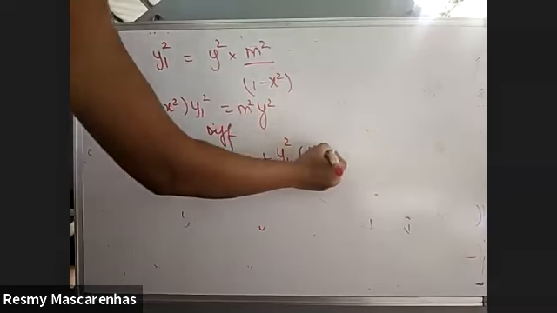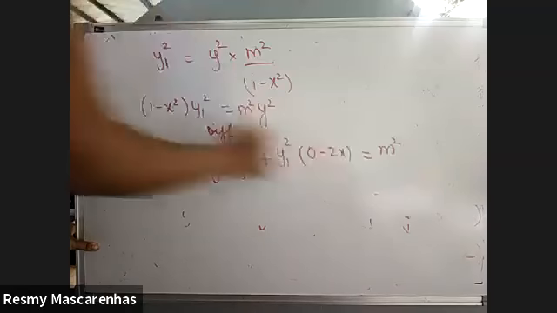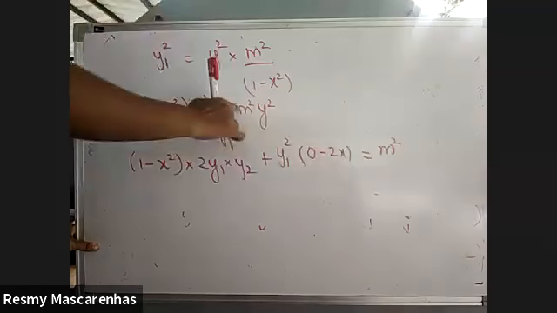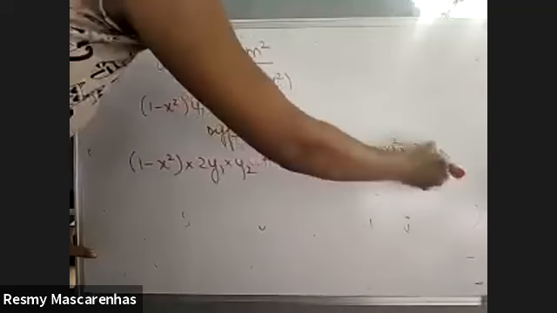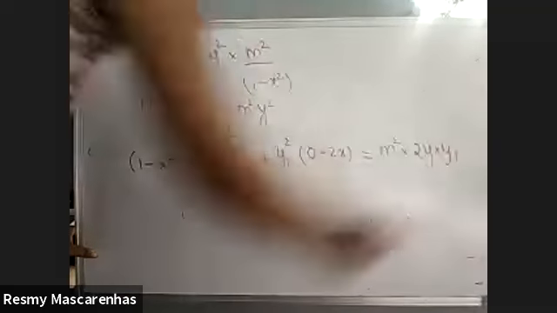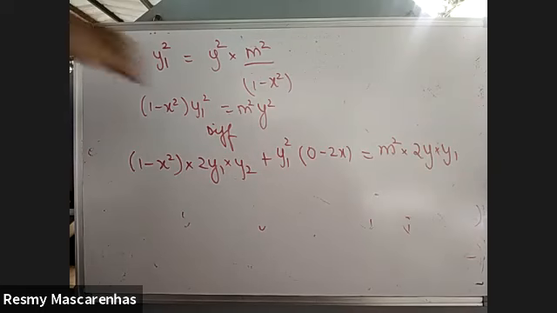0 minus 2x is equal to m square, which is a coefficient, into the derivative of y square. What will it be? First 2y into the extra derivative, which will be y1. Same like this.